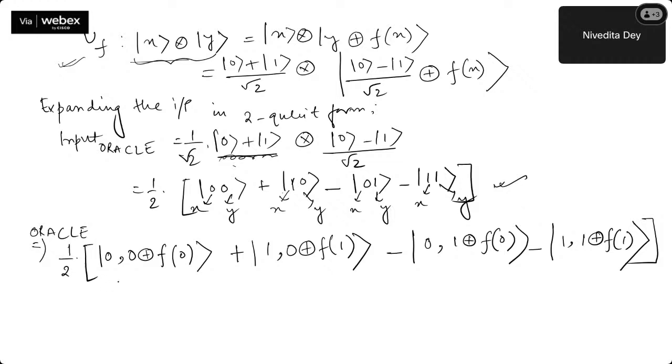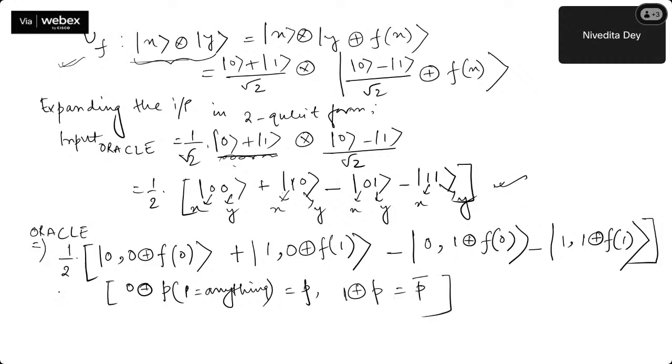So 0 XOR anything, say p, is anything, and 1 XOR anything is basically the complement of that. So if I put the logic here, what will it become? Let me write it. So it will now become half ket 0, this will be nothing but f(0).